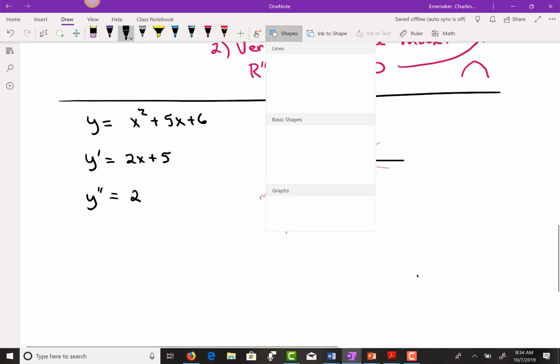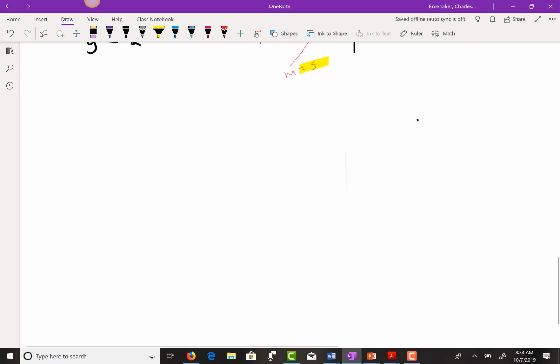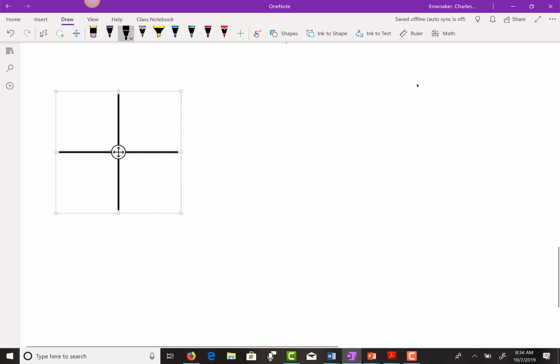Let's take a look at another example. Let's say we have a parabola like this. And we look at a series of slopes as we move from left to right on this. Slopes of tangent lines. This might be a slope of 5.